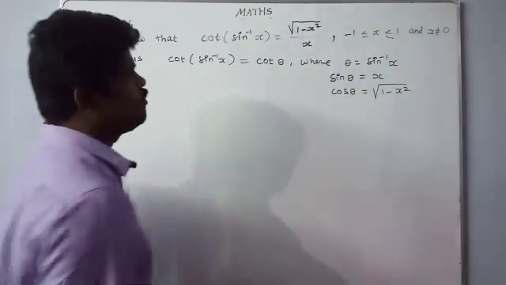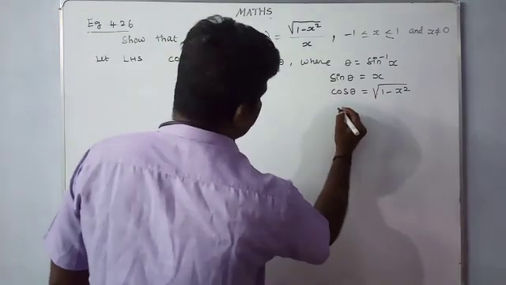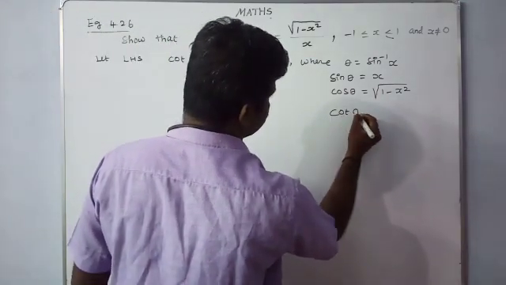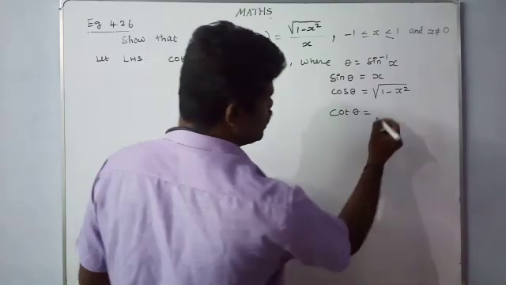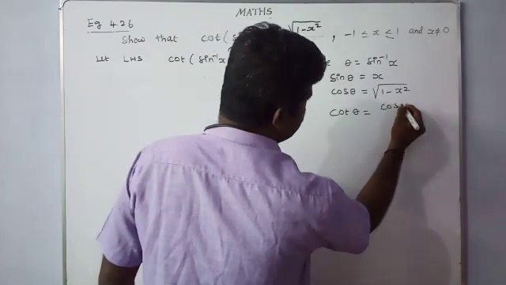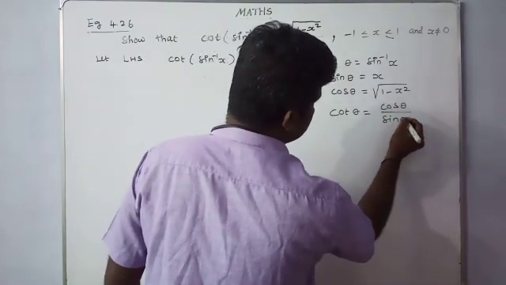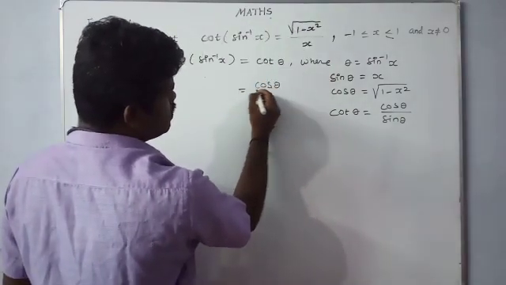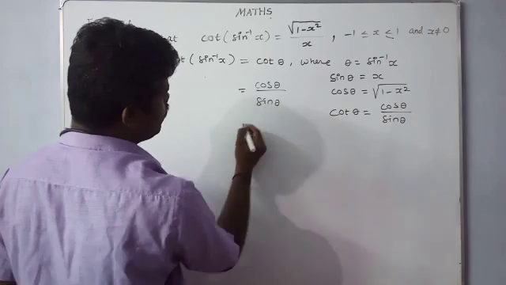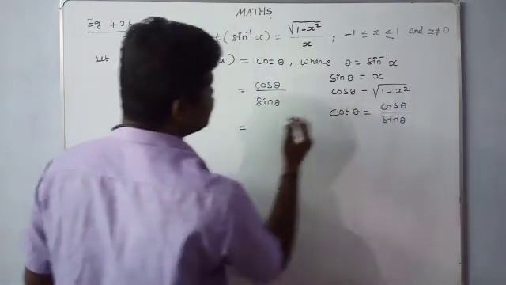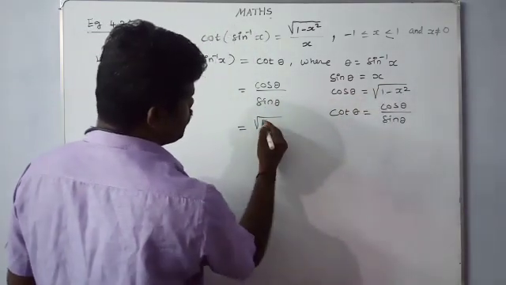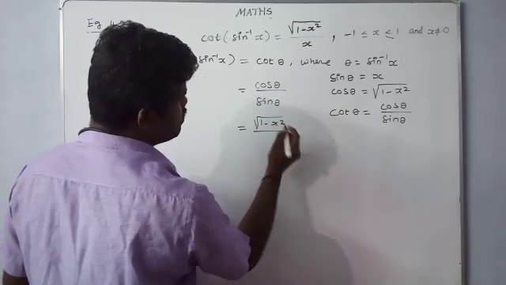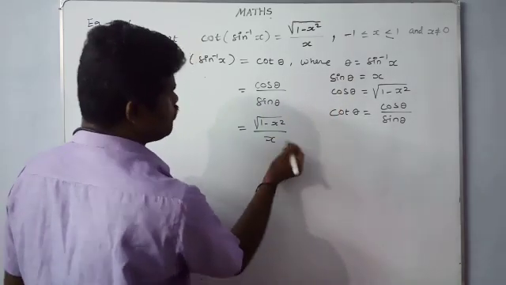This is cos theta, and we want to find cot theta. Cot theta is equal to cos theta divided by sin theta. The cos theta value is root of 1 minus x square, divided by the sin theta value, which is x.